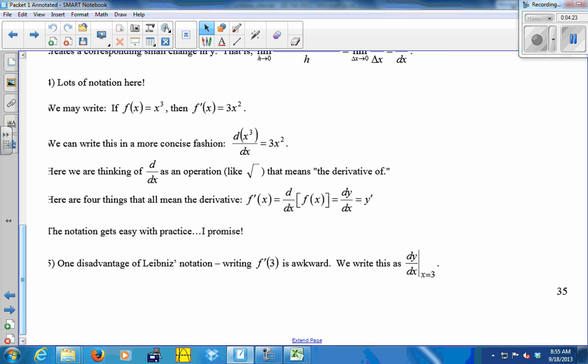If you want to write it in Leibniz notation, you would write d of x cubed. So instead of dy dx, we're putting in the function x cubed. d of x cubed dx is 3x squared. Or d dx of x cubed.